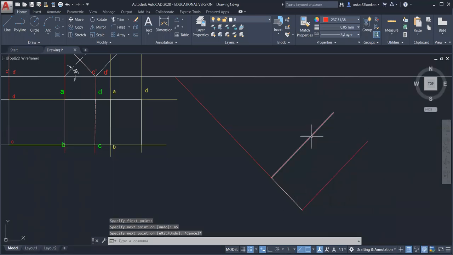On this line, we have to draw this line AD, so take the distance AD.